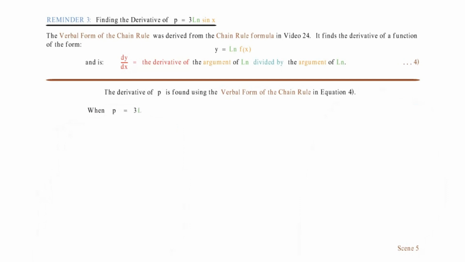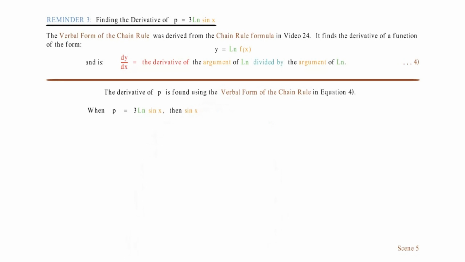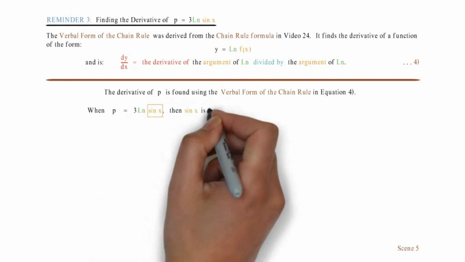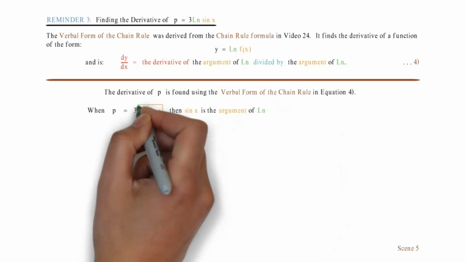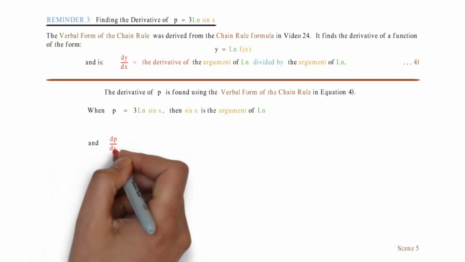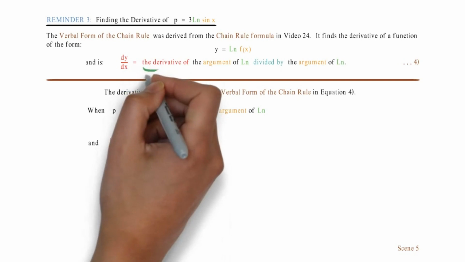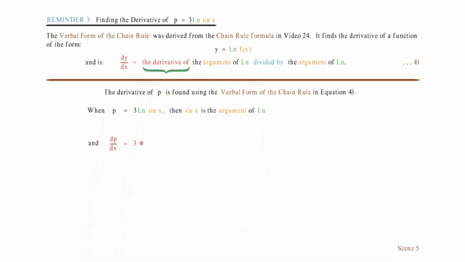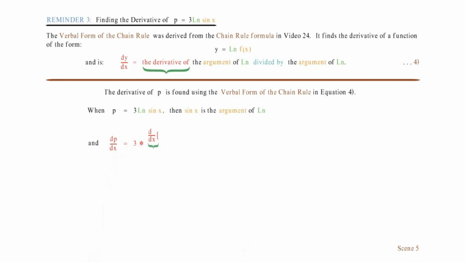When p equals ln of sine of x, then sine of x is the argument of ln, and dp by dx equals, bring 3 down as 3 times. The derivative of is d by dx of.